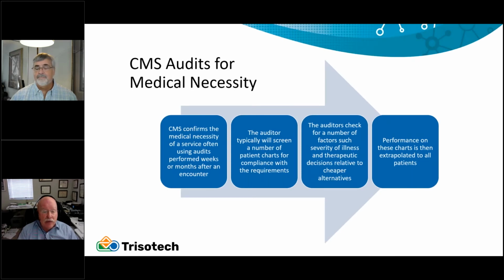When we look at how CMS does confirmation of medical necessity, the assumption is that when the service is given, medical necessity is present. To confirm it, CMS conducts audits, and the audits are performed by contractors, and often these reviews are done weeks, months, or longer after the service was provided.